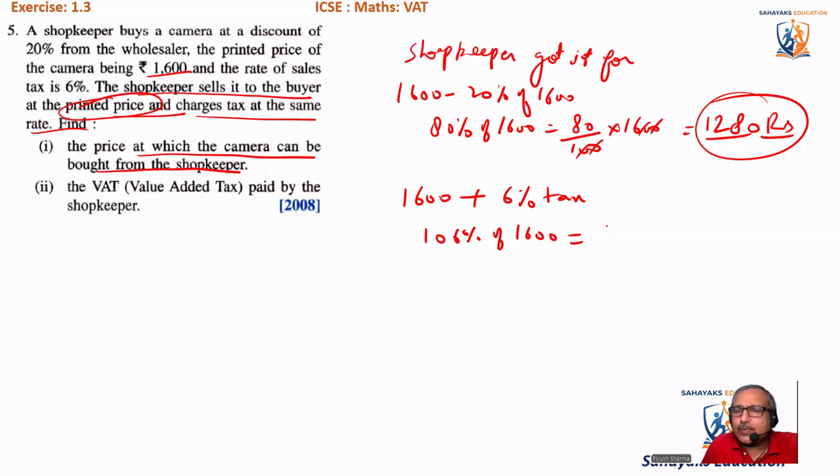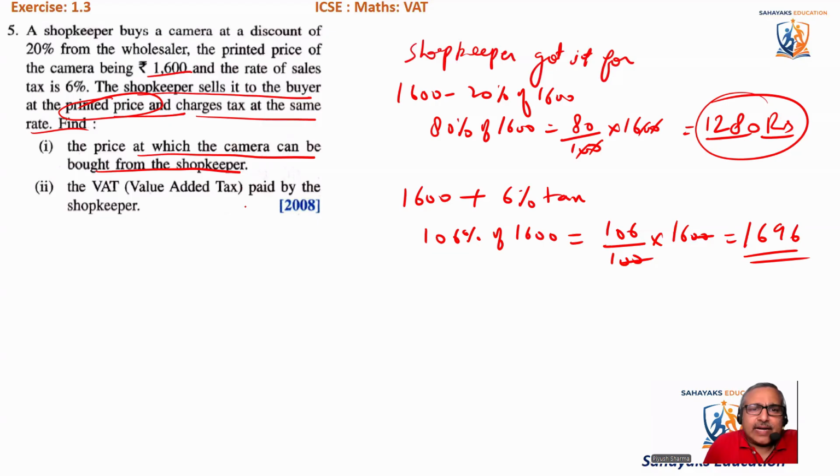So this answers the first question. So it is 106 divided by 100 into 1600. If we just cancel it out, this value comes out to be 106 into 16. 16 sixes are 96. So it comes out to be 1696. So this is the price at which we can buy this camera from the shopkeeper.